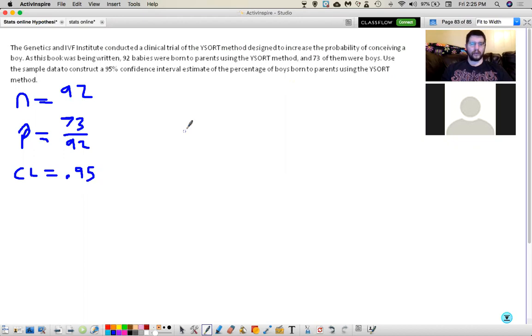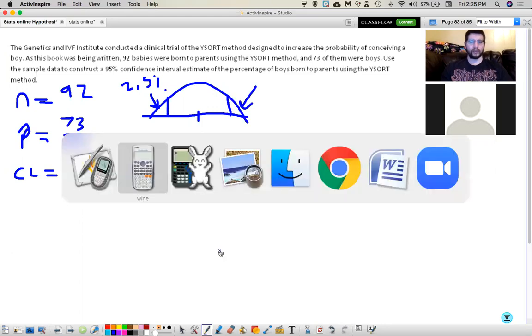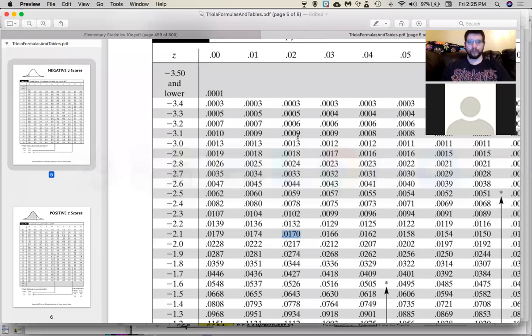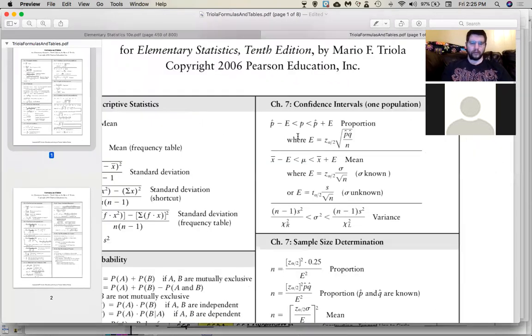So here's where I like to draw my curves. Because it's a 95% confidence level, that means I'm splitting this up into two pieces. I'm basically finding these z-scores here, where these are both 2.5%. So I need these z-scores here. If we look at our formula sheet, here's the formula.